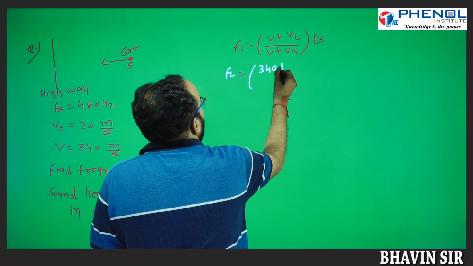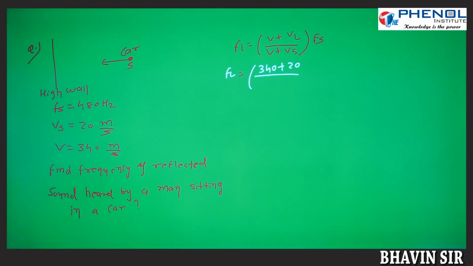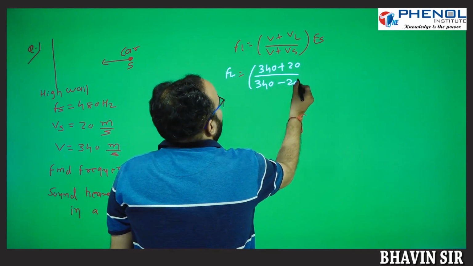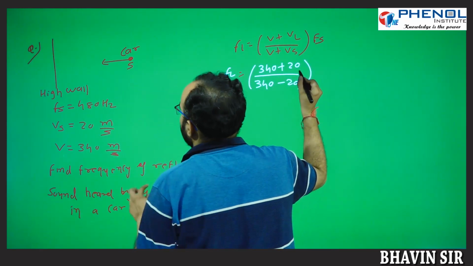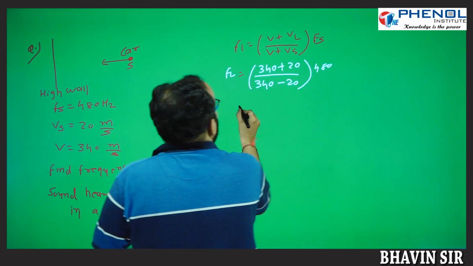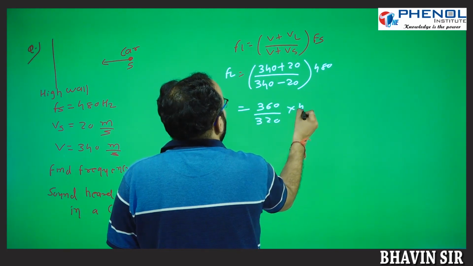So 340 plus 20, what is the speed of car? Plus 20, first L2S in the numerator plus 20, in the denominator minus 20. So 340 minus 20. What is the frequency of source? 480. So 360 by 320 upon 480.